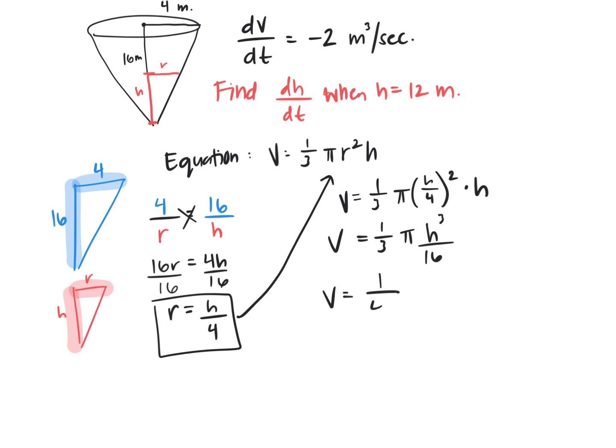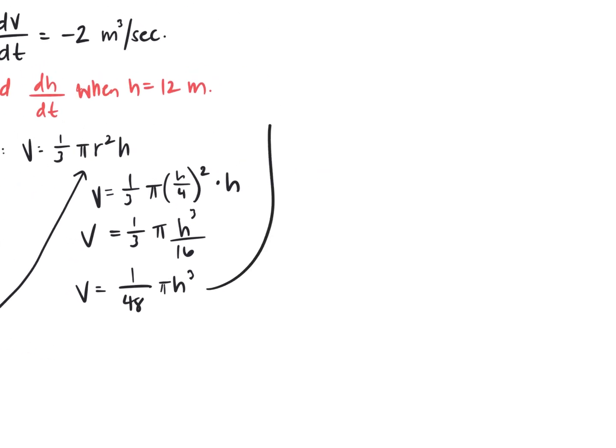So I've got 1/48 pi times h cubed. So now I need to take the derivative of this. So the derivative of this volume, dV/dt, is equal to, this is just a constant, so I'm going to leave that out front, 1/48 pi, and then take the derivative of h cubed. That would be times 3h squared dh/dt.